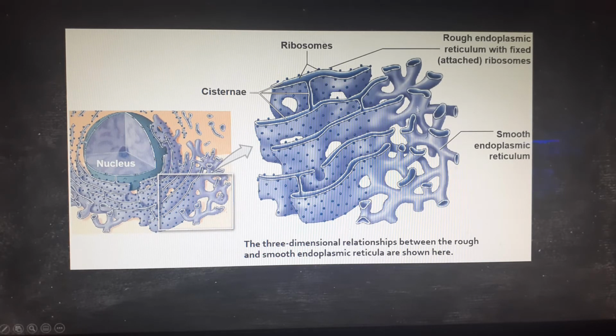And this would be the smooth endoplasmic reticulum. Make sure you learn how to spell that. You will not be allowed to abbreviate it as ER on anything, okay? So make sure you can spell endoplasmic reticulum. This would be the rough endoplasmic reticulum covered with ribosomes, fixed ribosomes. This is the smooth endoplasmic reticulum with no ribosomes.